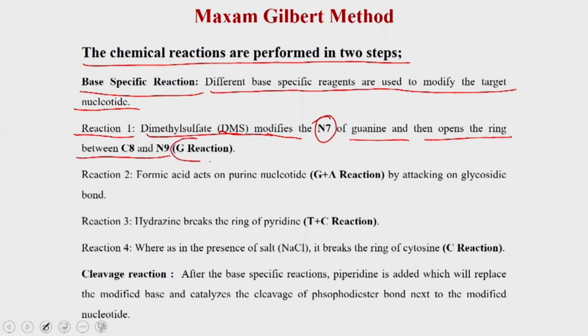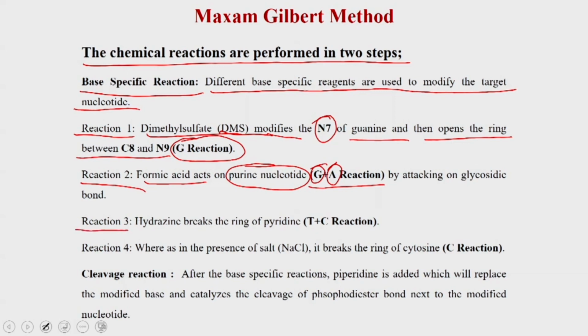This is called the G reaction because it modifies the guanine in the DNA. In reaction 2, you add formic acid, which modifies the purine nucleotides, which means both guanine and adenine, and that is why this reaction is called the G plus A reaction.